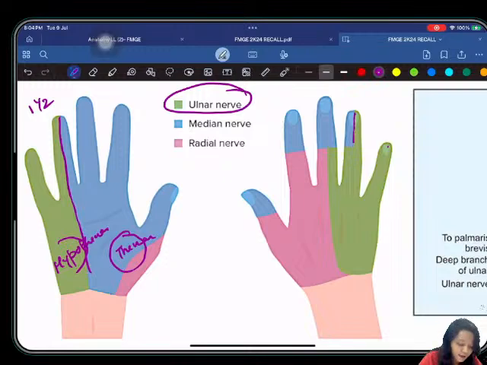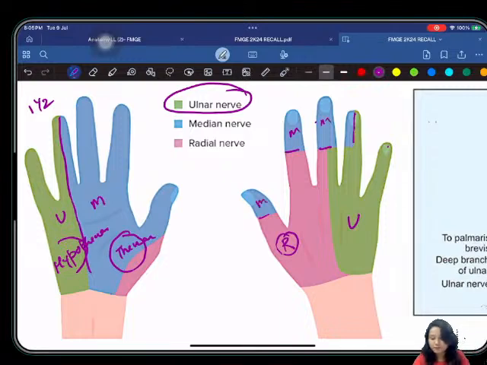On the lateral aspect, the 3.5 fingers are supplied by the median nerve. This is on the palmar aspect. On the dorsum, the 3.5 fingers except the nail bed are supplied by the radial nerve. This is by the radial nerve, this is by the ulnar nerve, and till the nail bed it is median nerve. So this is the cutaneous supply.